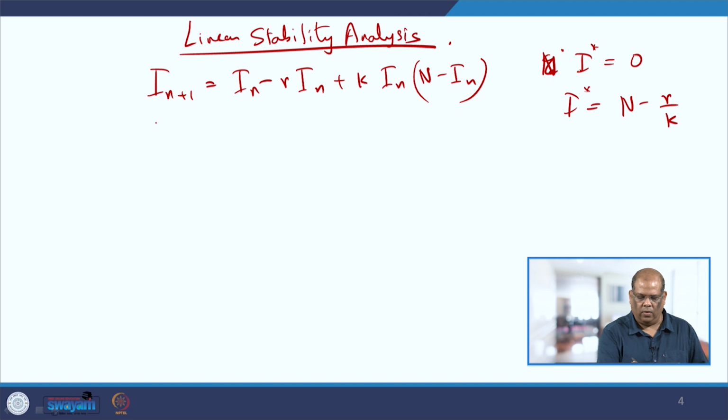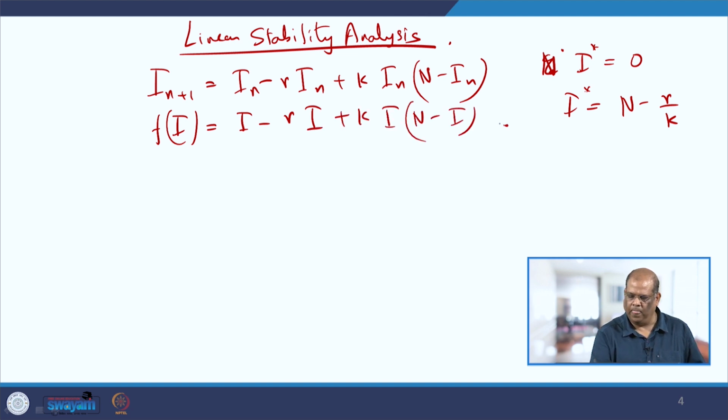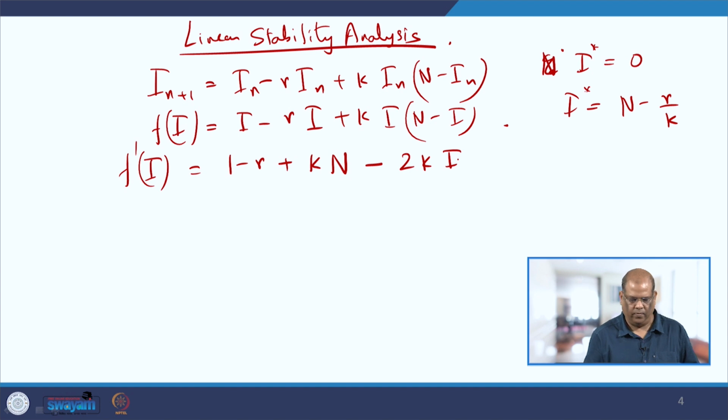So, let us put some function f(I) is equal to I minus R I plus k times I times N minus I. So, f dash of I is going to be 1 minus R plus, if I multiply this, N k minus 2 k I.